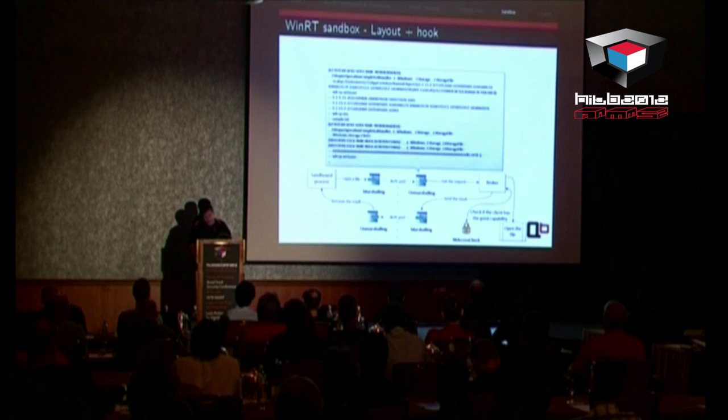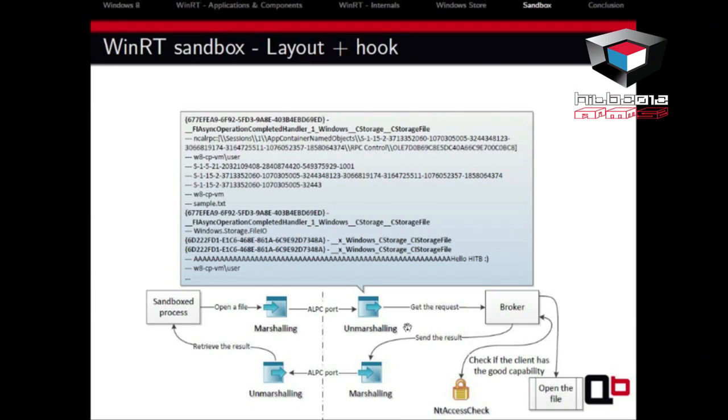Just for fun, we set up a hook on NtLpcSendWaitReceivePort on the broker side to see what kind of data is sent between the Sandbox's process and the broker. We use a simple application which just writes a sentence in a file.